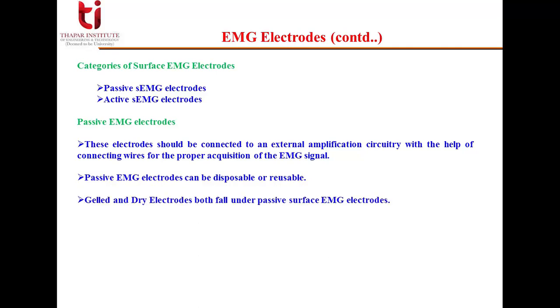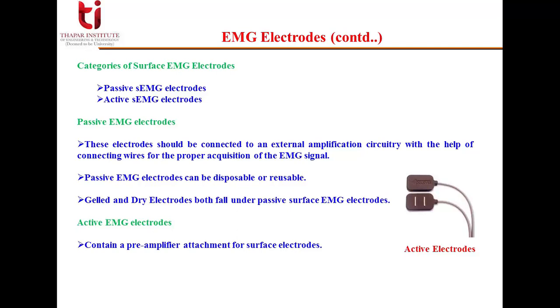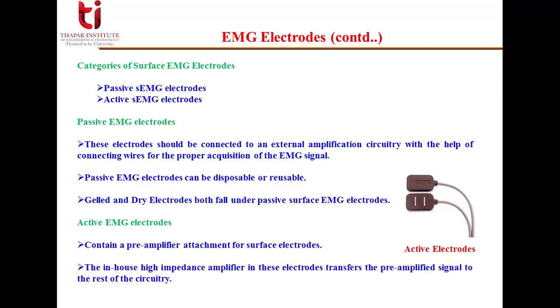Gelled and dry electrodes both fall under passive surface EMG electrodes. Now, active EMG electrodes contain a pre-amplifier attachment for surface electrodes. The in-house high impedance amplifier in these electrodes transfers the pre-amplified signal to the rest of the circuitry.